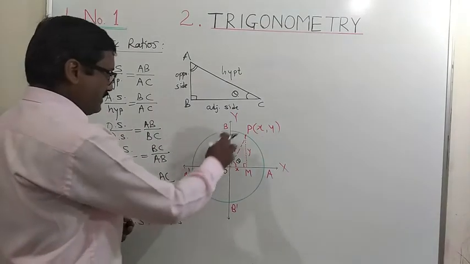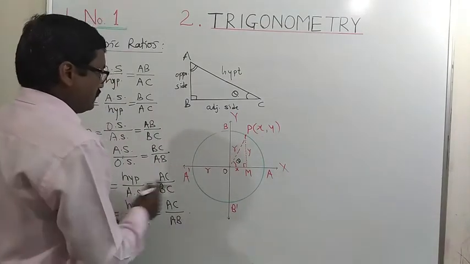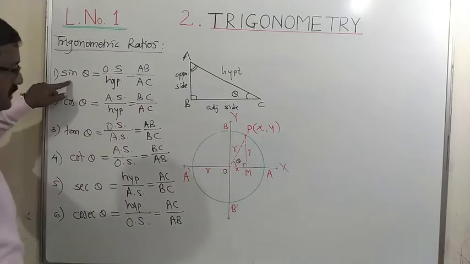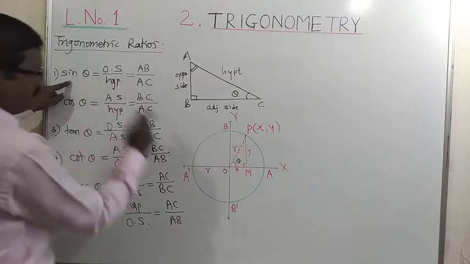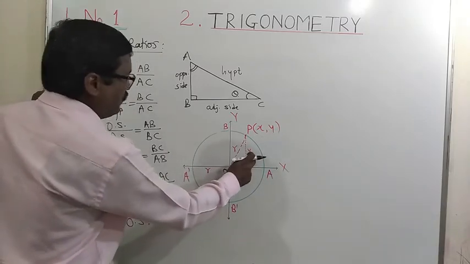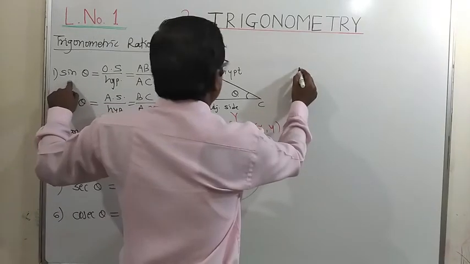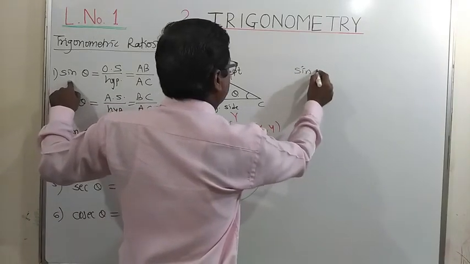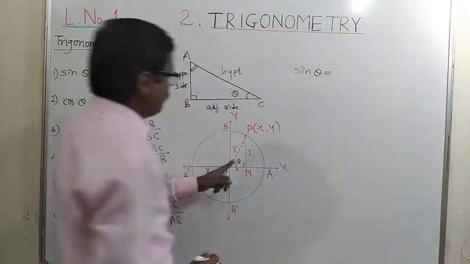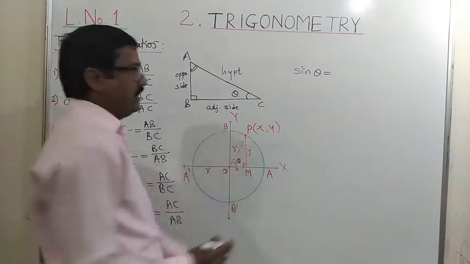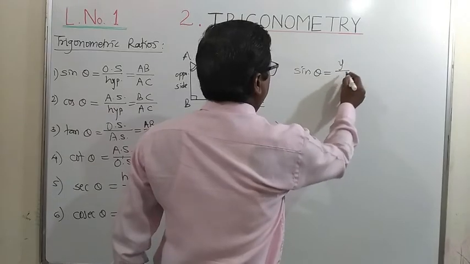Therefore, in this triangle OPM, if you define once again sin theta, then sin theta is nothing but the opposite side. Opposite side will be PM, that is y. So, once again I will write here all the trigonometric ratios. Sin theta is equal to opposite side, that is y, upon hypotenuse, r. So sin theta is equal to y upon r.